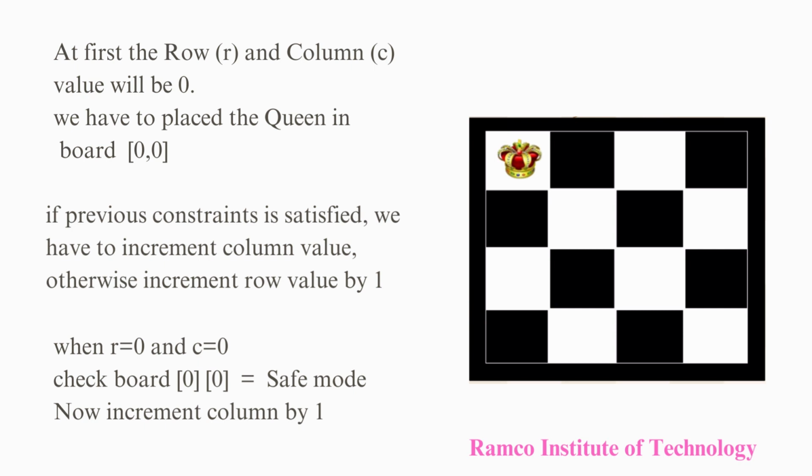If all the 4 constraints are satisfied, we increment the column value by 1. If not satisfied, we increment the row value by 1. When R equals 0 and C equals 0, check 0 and 0. It is safe mode. So now increment the column by 1.